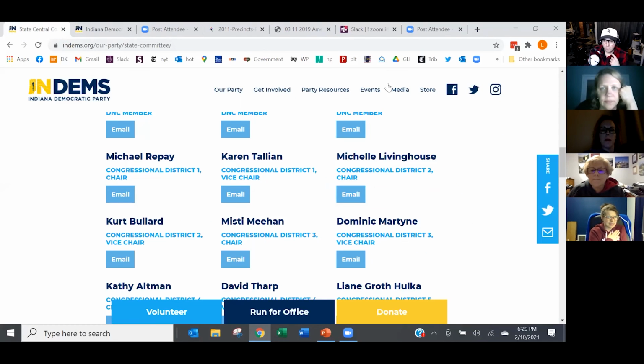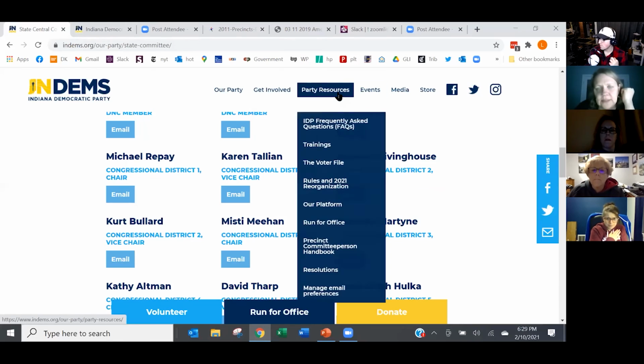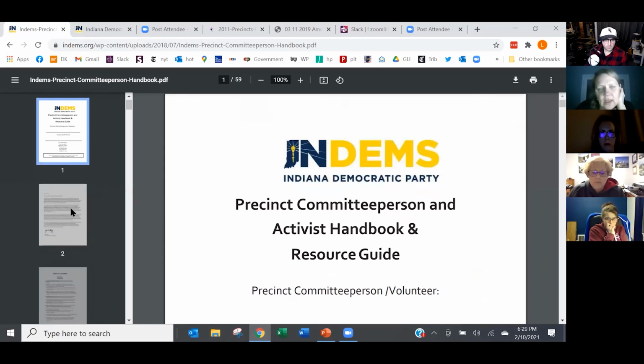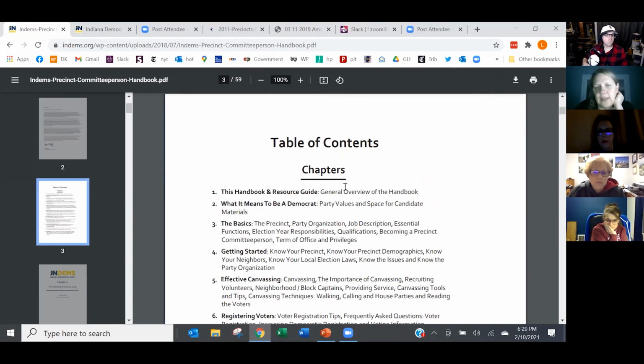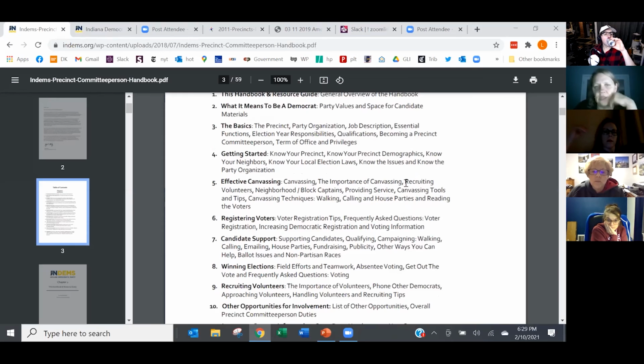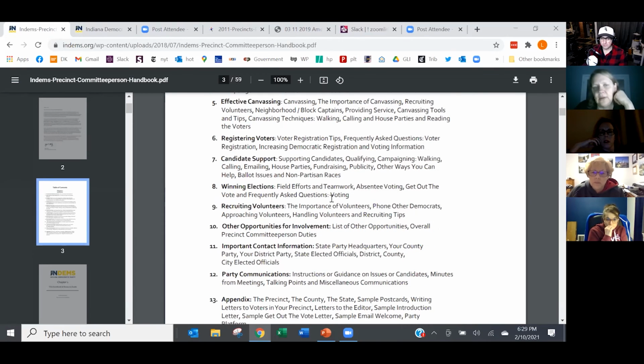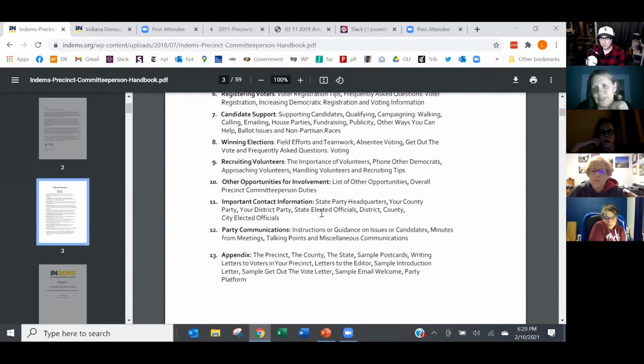Here's the website. If you go in, there's a precinct committee handbook. It basically goes through what you should be doing: registering voters, candidate support, canvassing, recruiting volunteers.